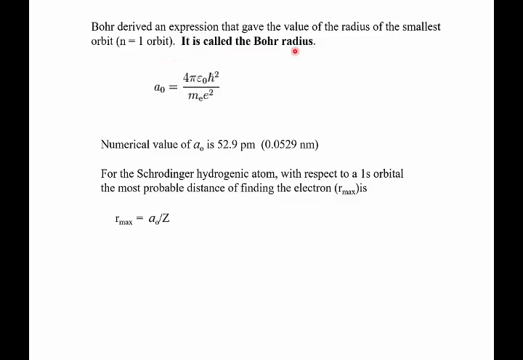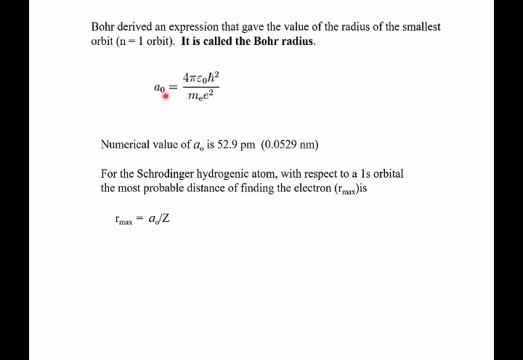We call that the Bohr radius. With respect to our modern model of the atom, which is more of a diffuse electron cloud picture, I'm going to explain the significance of this Bohr radius in class later. But for now, here is the equation that allows us to calculate the radius of the lowest, n equals 1, orbit.